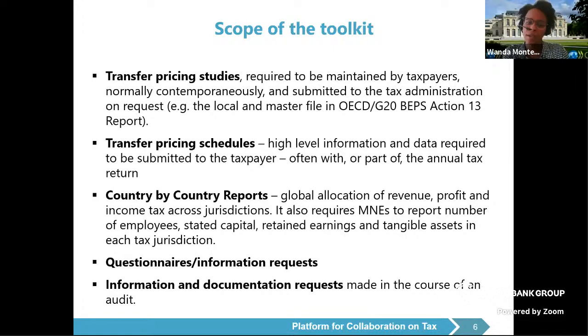Finally, we also present some questionnaires or information requests that can be made on an ad hoc basis and that generally are intended to provide information to tax authorities in order to conduct some risk assessment or to try to understand the behavior of some particular industry, for example. In less detail, the toolkit also touched upon information and documentation requests that can be made in the course of an audit.